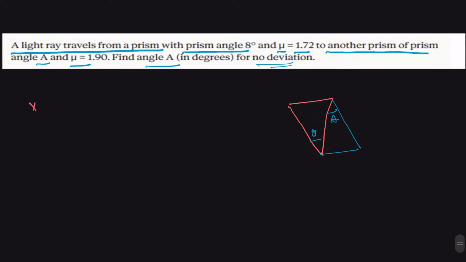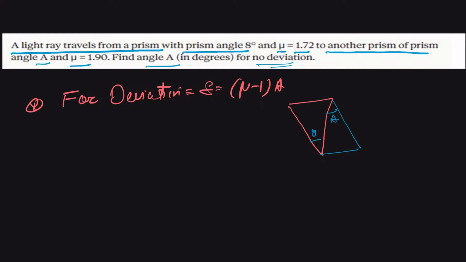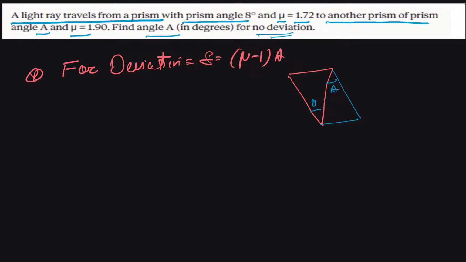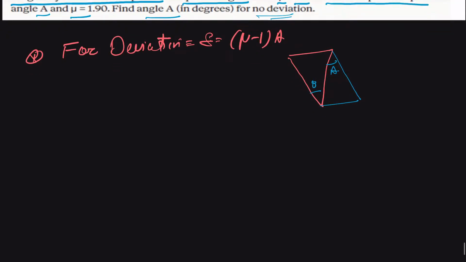And we know the standard formula for deviation: delta is equal to (mu minus 1) times A, where A is the angle of the prism. For the time being let us assume that this is A1 and this is A2.